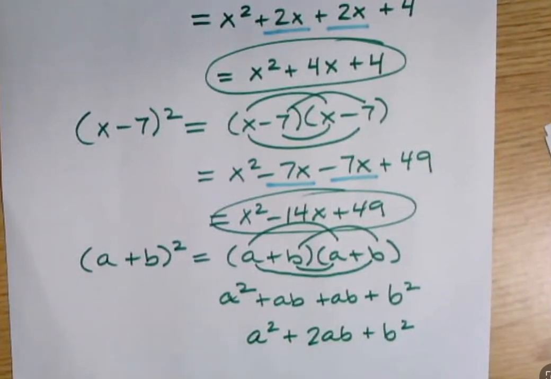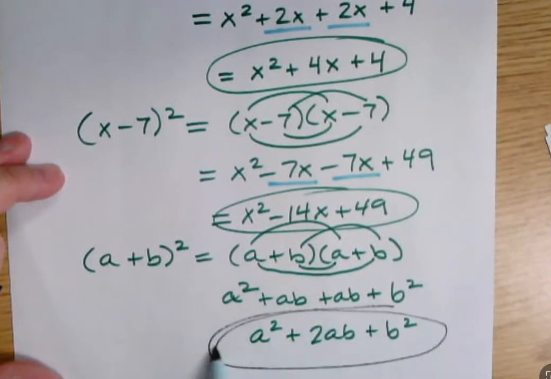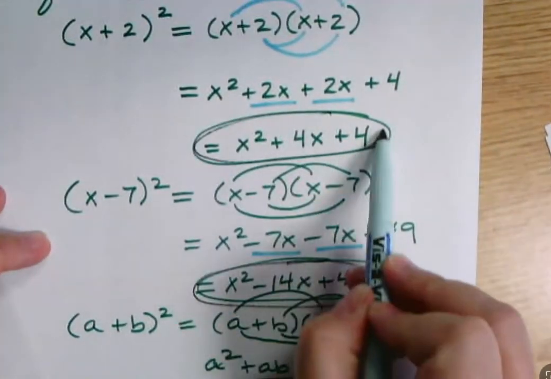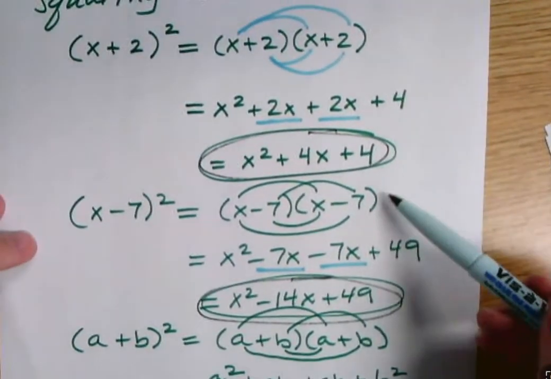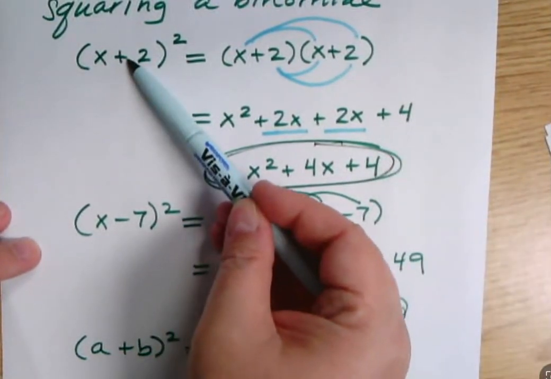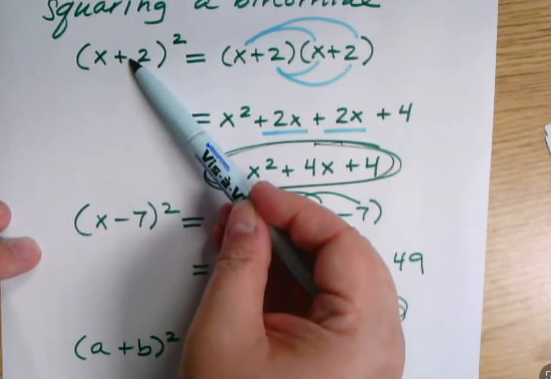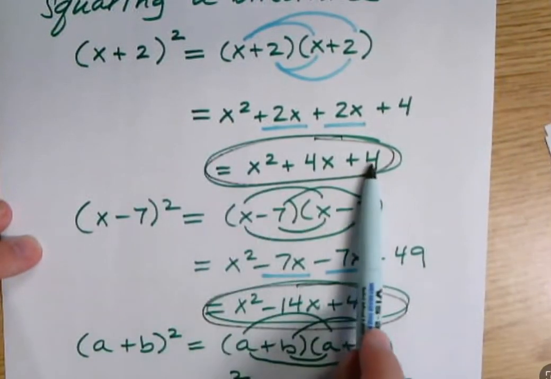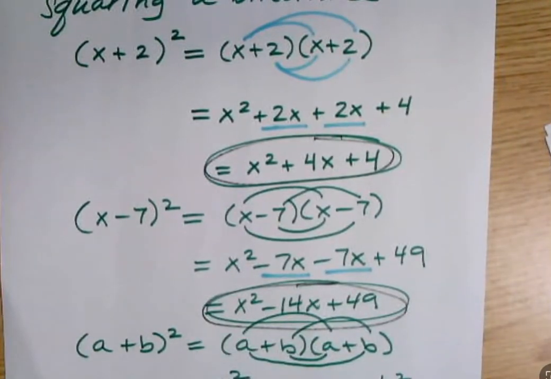So when we're completing the square, what we are doing is we're trying to get things to look like this format, because when they look like those, we can rewrite them as the square of a binomial. So this is a binomial that I'm squaring, and what it gives me is a perfect square trinomial.